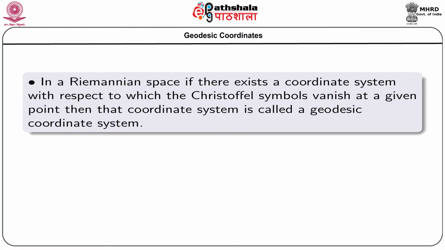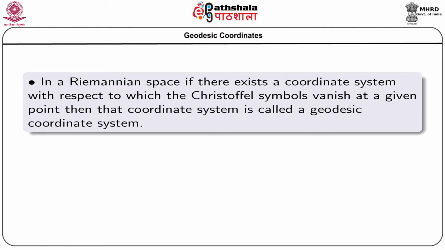One is the geodesic coordinate system, another one is the field of geodesics. Now, we know that for a Riemannian space, the Christoffel symbols do not vanish at all points.